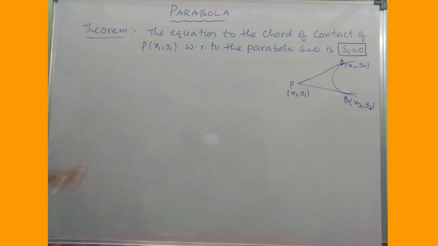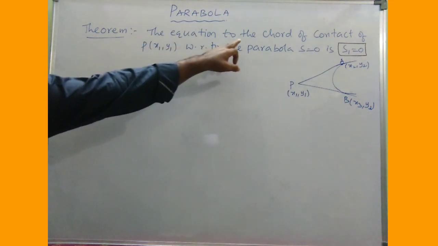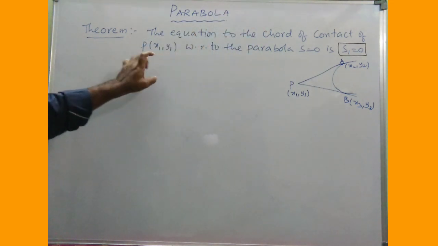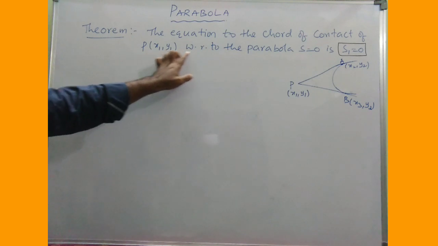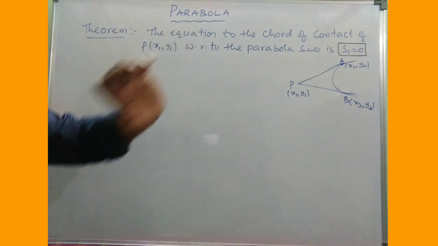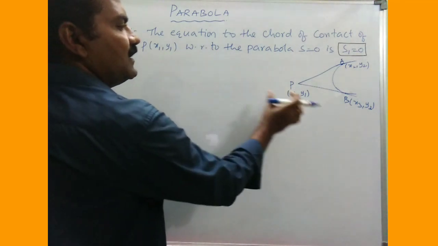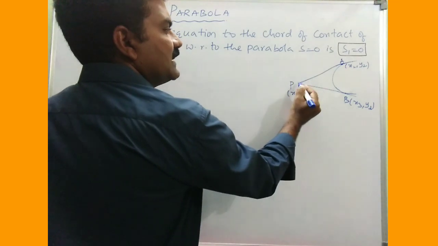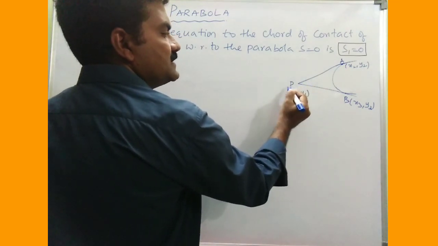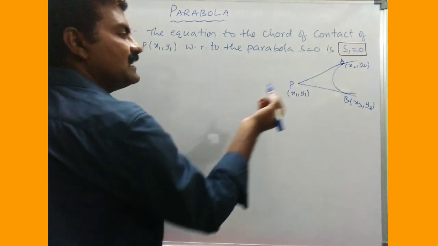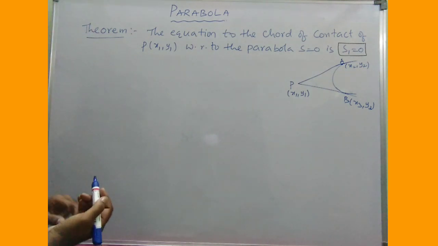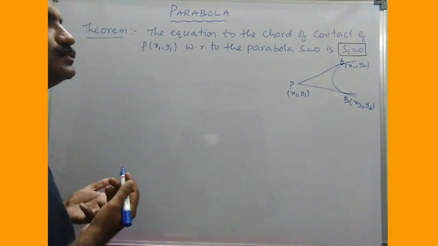So look at the statement of the theorem once. The equation to the chord of contact of P(x1, y1) with respect to the parabola S equal to 0 is S1 equal to 0, right? Given that P is (x1, y1), and P is an external point, in the last class we already discussed that from an external point we can draw two tangents.